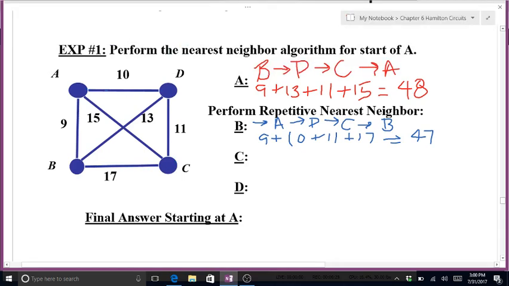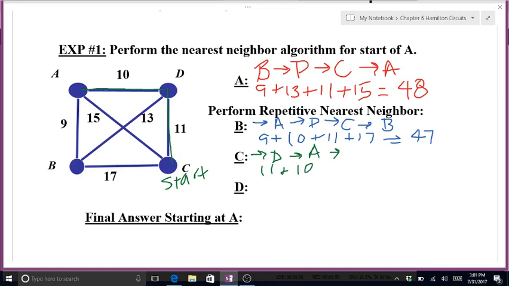Okay, so this time I'm going to start at C. When I start at C, my nearest neighbor is going to be D. And that had a weight of 11 plus. When I leave D, my next nearest neighbor is going to be A with a weight of 10.